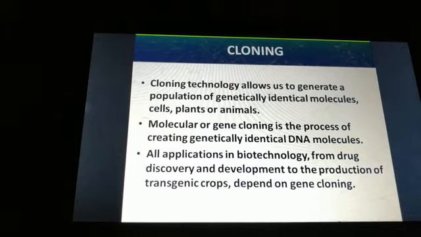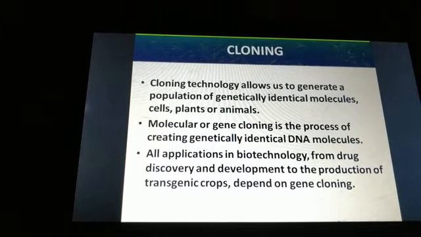What we basically do here is produce exact copies of a particular gene or DNA sequence using this technique. So it will give identical copies, that is exact copies, of either a cell or plant or animal.